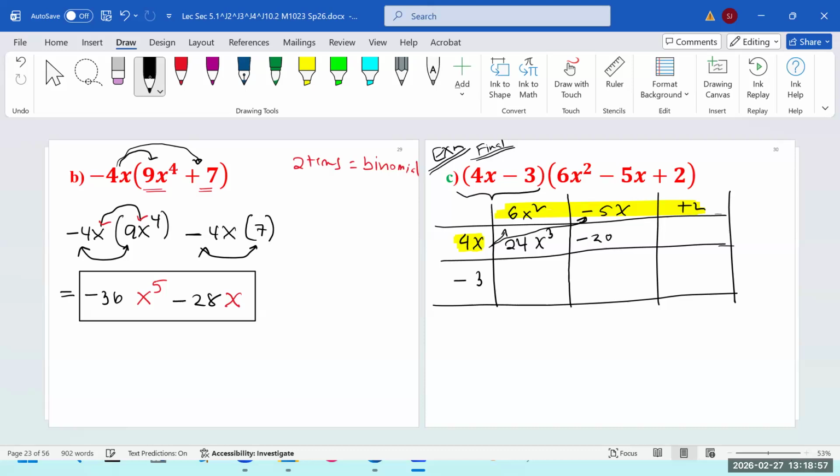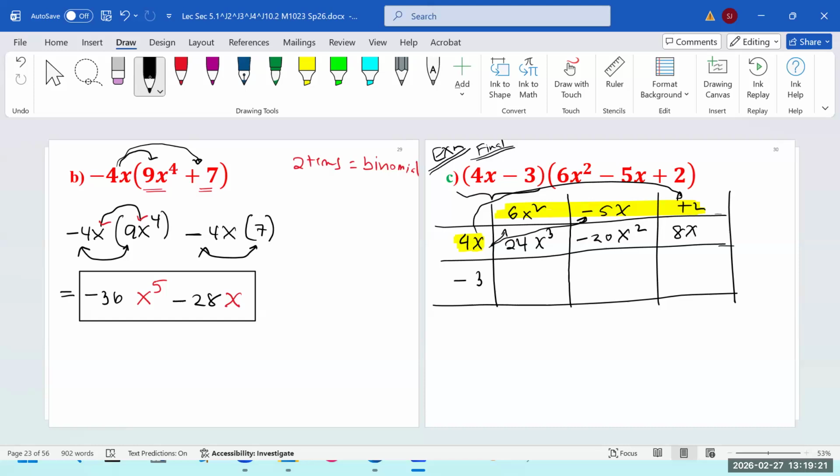Negative 20, how many x? 2 of them. And then you do the last one. I should have made my box better so they can see. Let me go this way. 4x times 2, 8x.